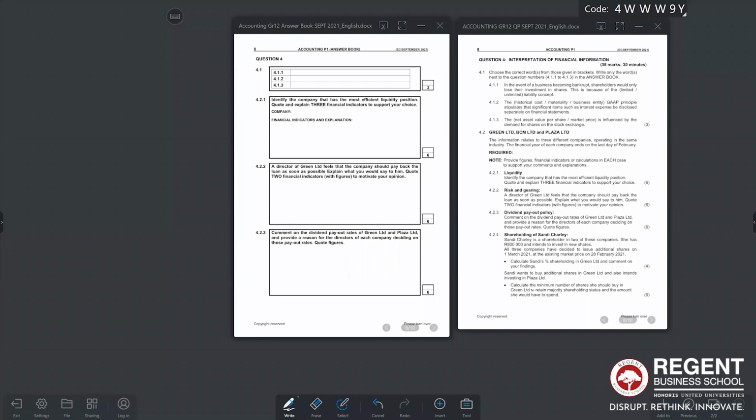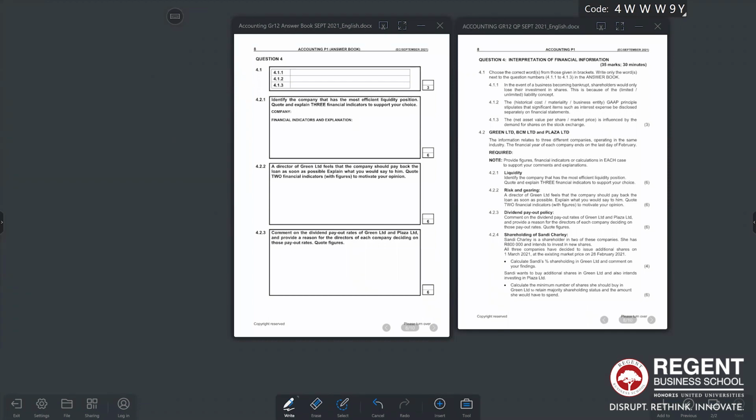The information relates to three different companies operating in the same industry, whether it's gold, steel, retail or pharmaceutical. The financial year of each company ends on the 28th of February.